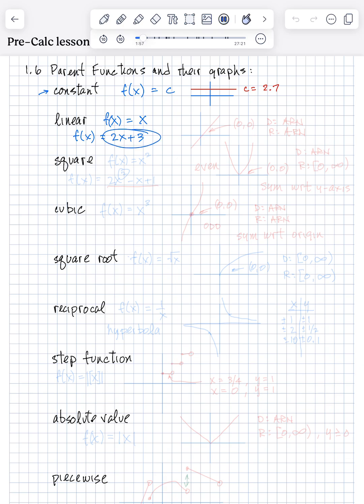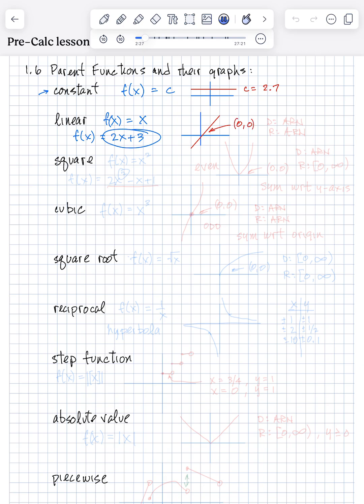So if we were going to graph that, f of x equal to x, let's start off with a coordinate system. And graphing it would just be going right through the origin, and the intercept point is 0, 0.